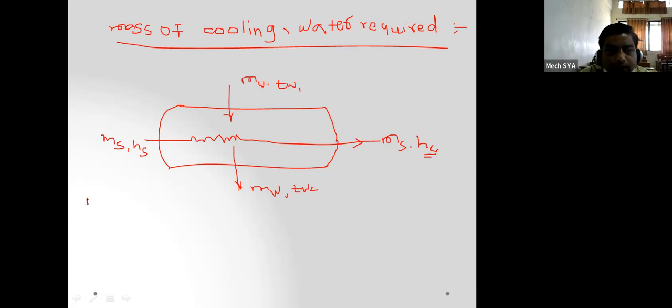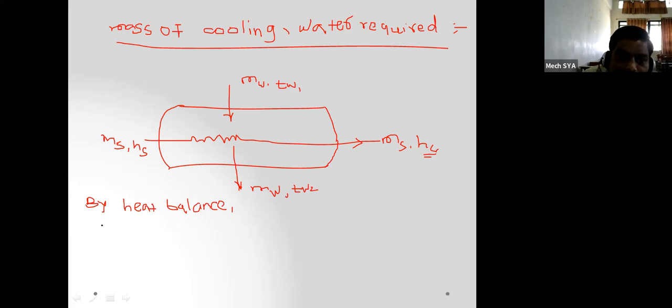So by heat balance equation, what heat is going to be balanced? Anybody? I can write one heat balance equation. Who is gaining the heat and who is losing the heat?